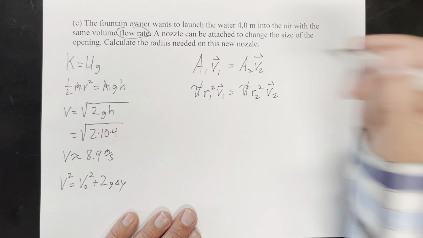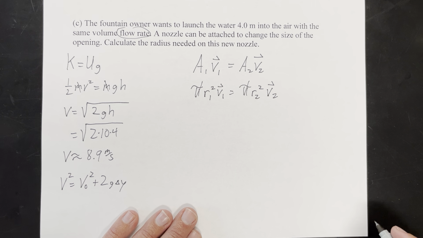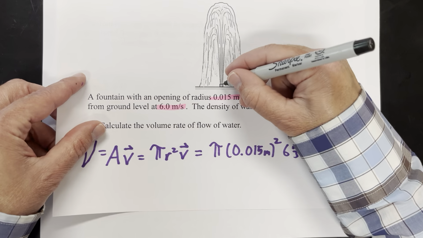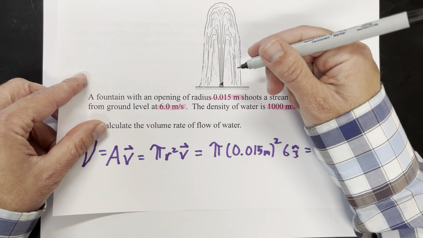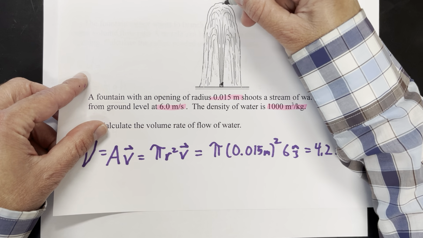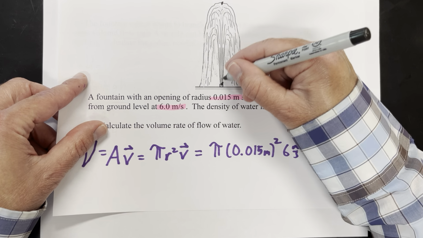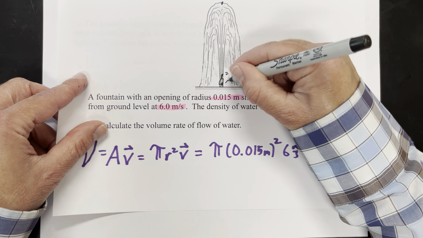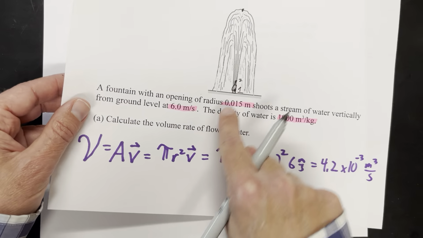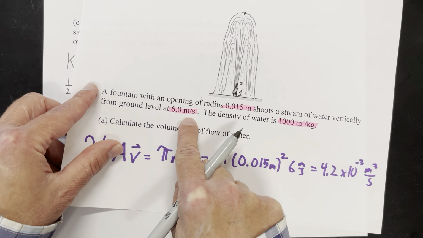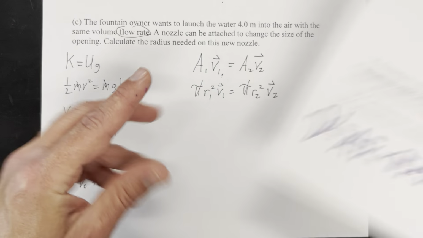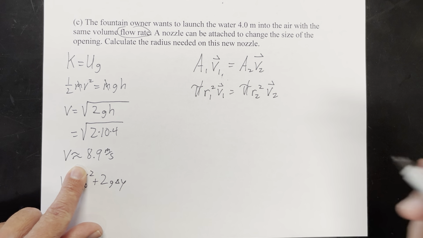Once again, we can cancel out those pi's. They're on each side. We don't need them. And now, what are we calling 1 and 2 here? Well, you really have some leeway here. I'm going to go back to thinking about this is point 1 right here when we left the fountain, and then this is going to be the little nozzle that we attached on here. So that's going to be point 2 there. So I'm going to use this point here when we had this radius and this velocity right there. I'm going to call that point 1, and then this new velocity here is going to be point 2.